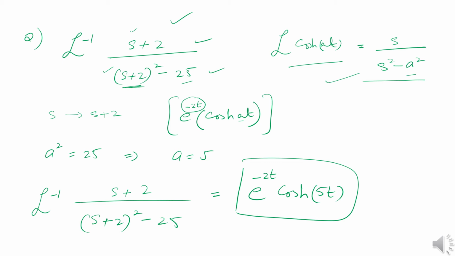By applying the change of scale property, we saw that the function cos hyperbolic at is multiplied by e raised to the power negative 2t because of this 2 here. So we further solve the problem and get the solution e raised to the power negative 2t cos hyperbolic 5t. Let's take one more example.